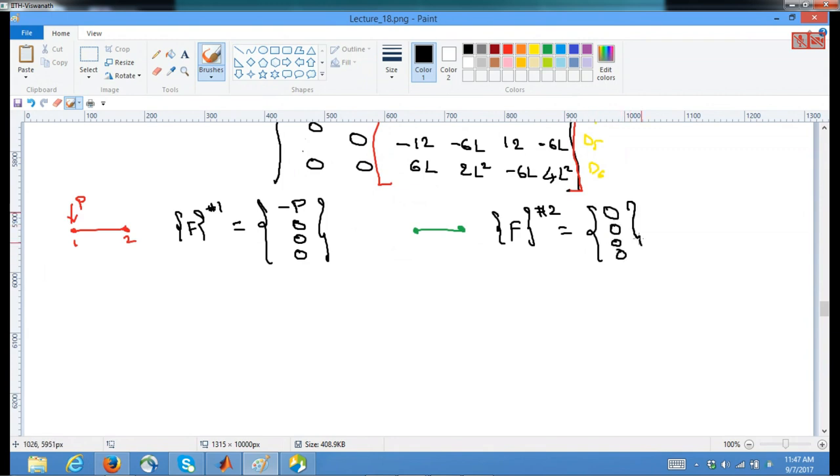But we know that this is F1, F2, F3, F4. These are F3, F4, F5, F6. This is node 2, node 3.